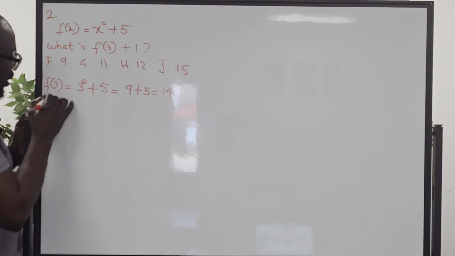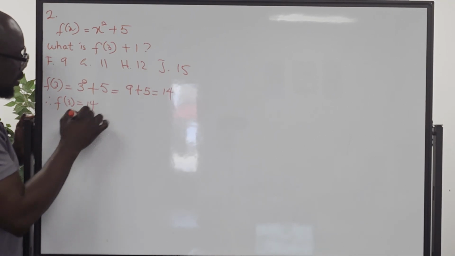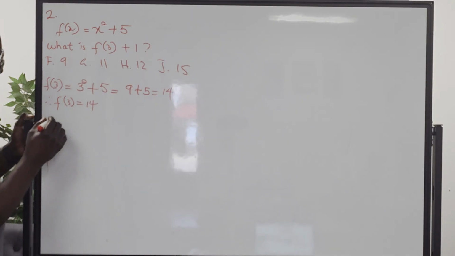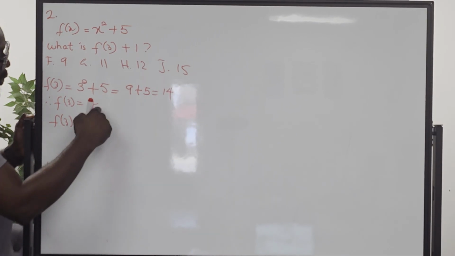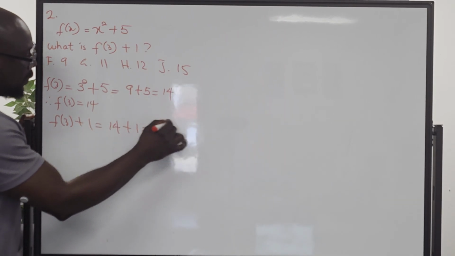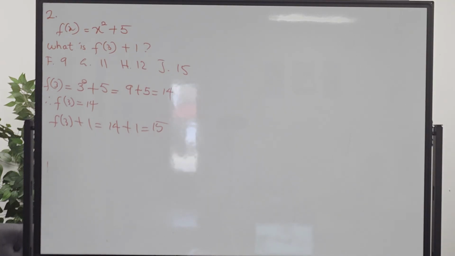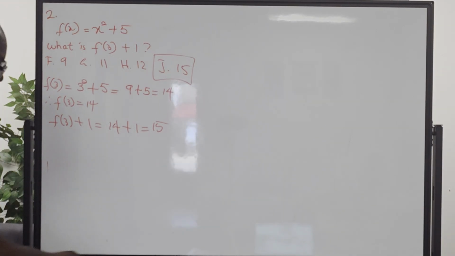Therefore f(3) is equal to 14. Now let's solve for f(3) plus 1. f(3) is 14, so that's 14 plus 1, and the answer is 15. That is option J. That's our answer, option J.